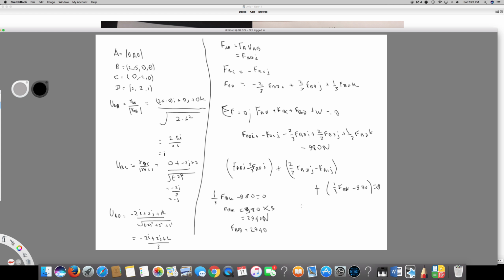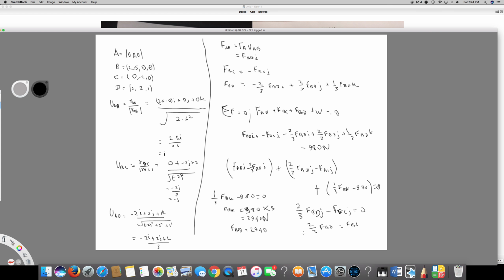So if I take the J equation, 2 over 3 FBD minus FBC J is equal to 0. So I can tell this 2 over 3 FBD is equal to FBC.